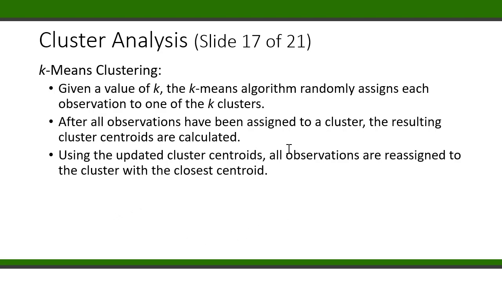So then using those centroid measures, the observations are reassigned to the cluster with the closest centroid, if you will. One rule of thumb you want to look for is that the ratio of between cluster distance to within cluster distance should exceed 1 for any useful clusters you might have.